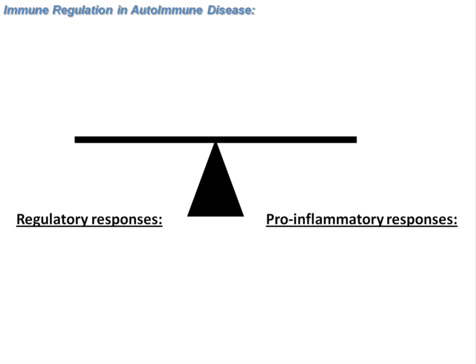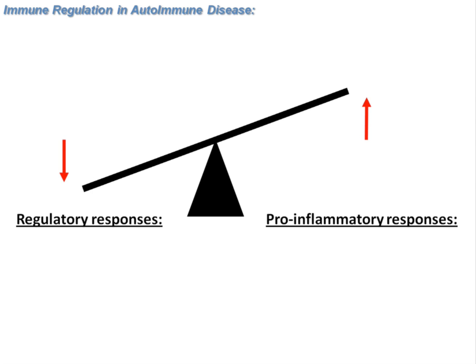In immune dysregulation, where this isn't controlled, we see a seesaw tip to where the pro-inflammatory response is uncontrolled by the suppressive side, and this leads to autoimmune disease, which people may know as psoriasis, rheumatoid arthritis or multiple sclerosis. And we're seeing that these immune diseases relate to more and more common disorders.